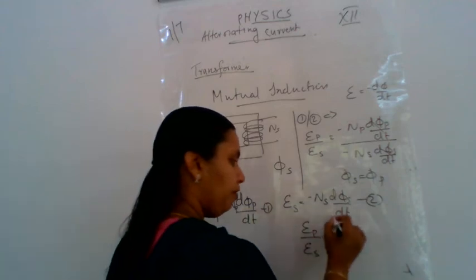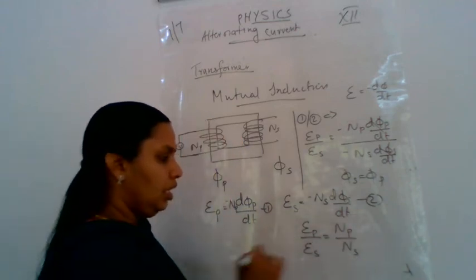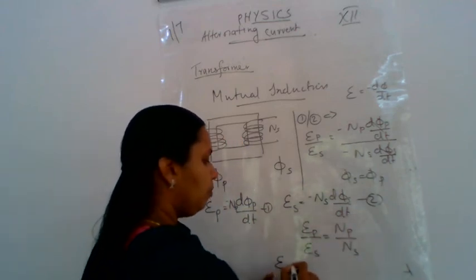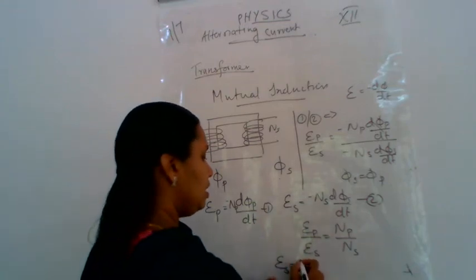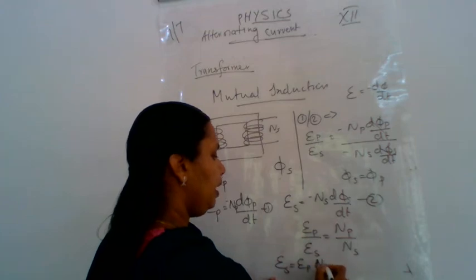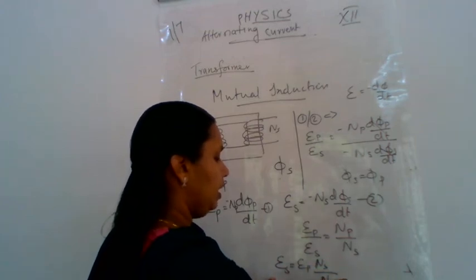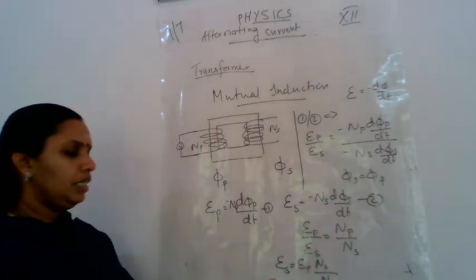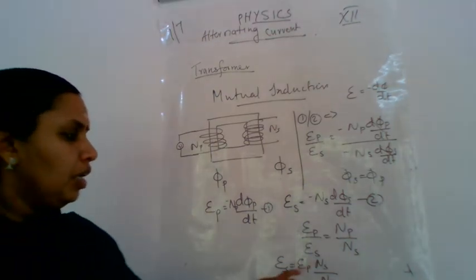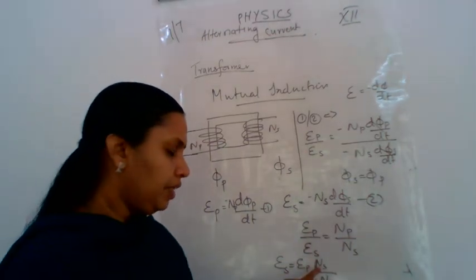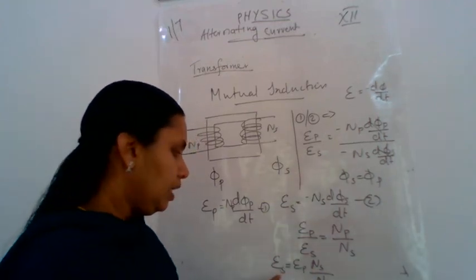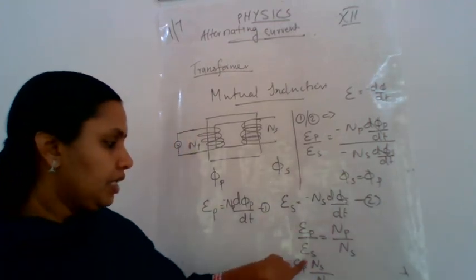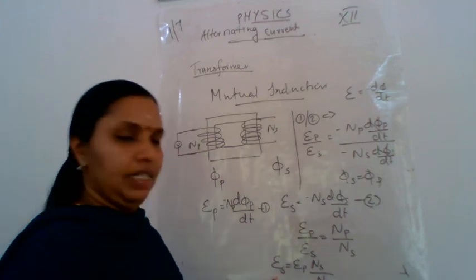As the number of turns changes, we can write the equation for the EMF or voltage in the secondary: ES is equal to EP times NS divided by NP. According to the number of turns in primary and secondary, if NS is more, ES will be more; if it is less, ES will be less.